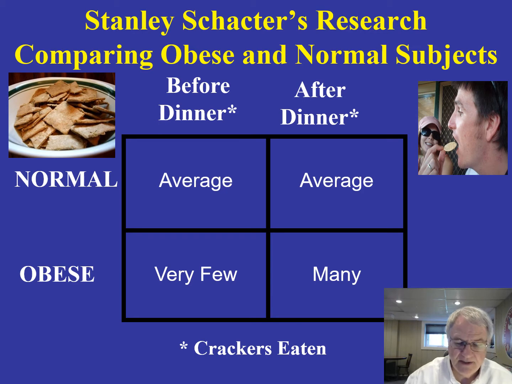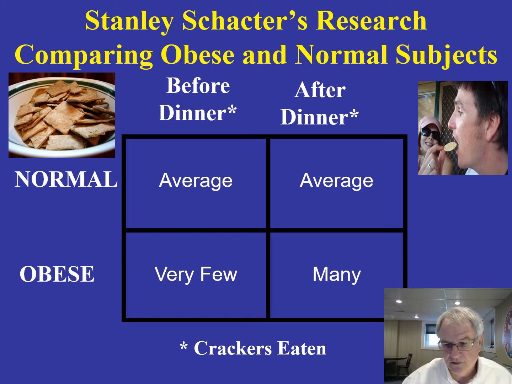That is to say, they were more than 2 standard deviations above the norm in terms of their body weight. So we also are going to tell some of these subjects in each group that it's before their normal dinner hour, and other subjects we're going to tell that it's after their normal dinner hour.